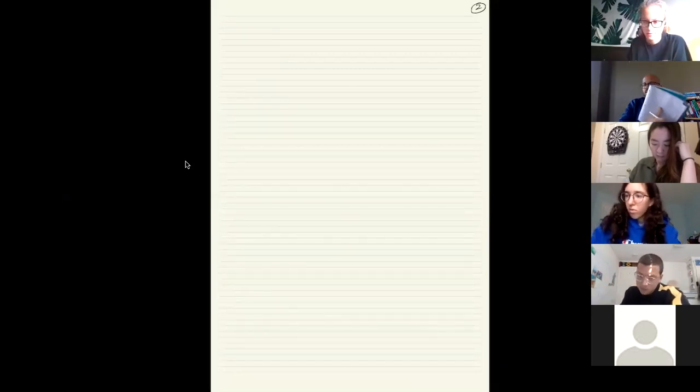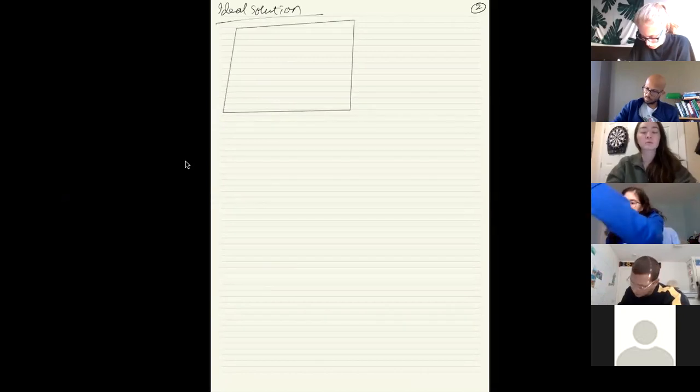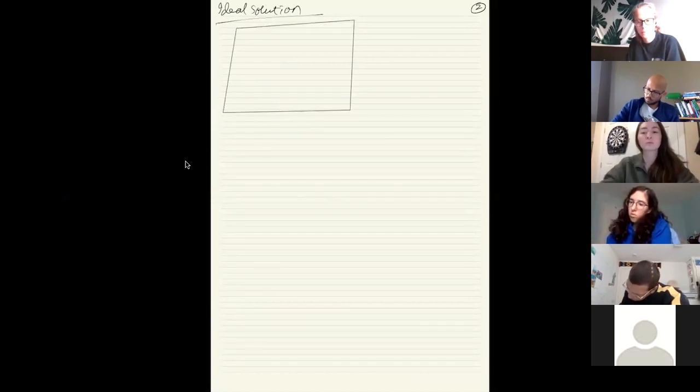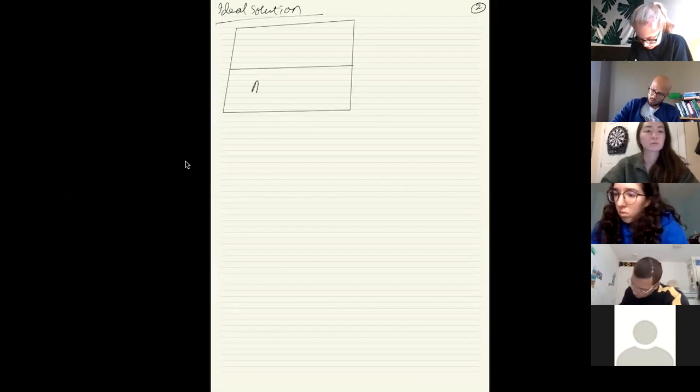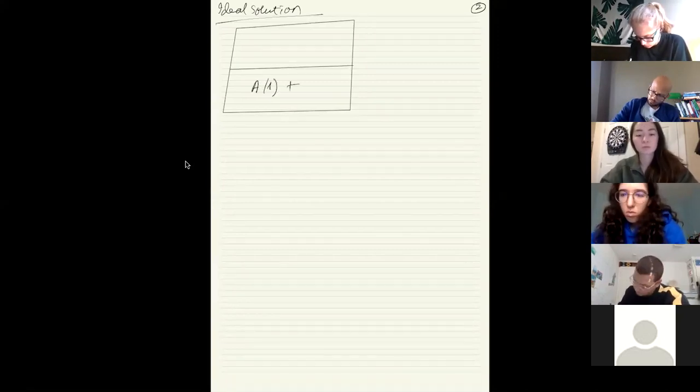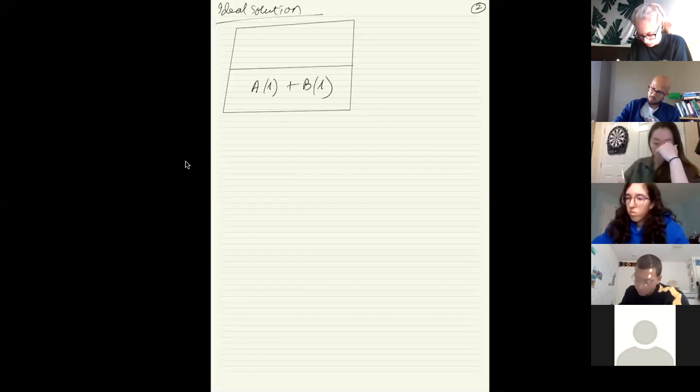What do we mean by ideal solution? So far we have looked at gases. Now we are talking about a container in which we have A and B existing in liquid form.